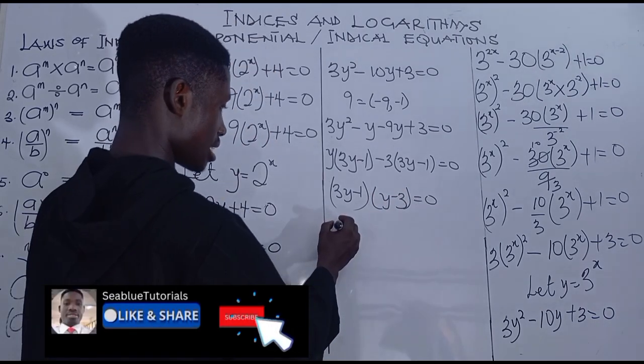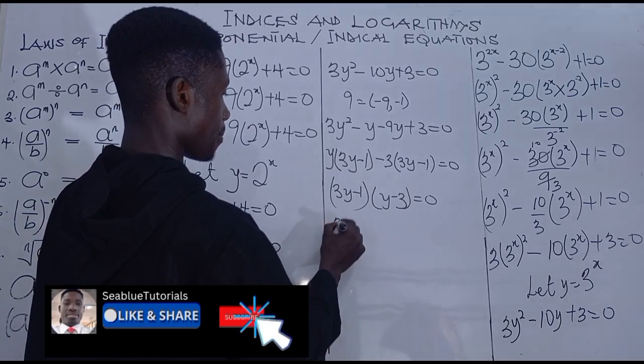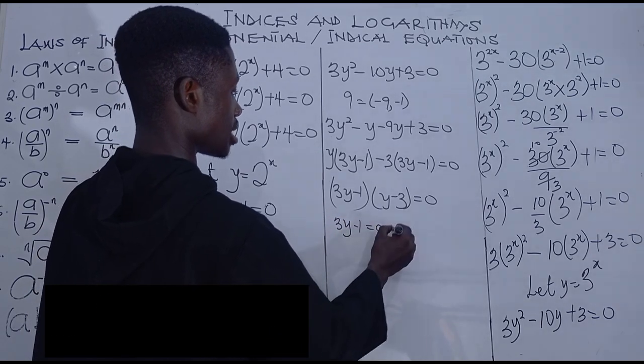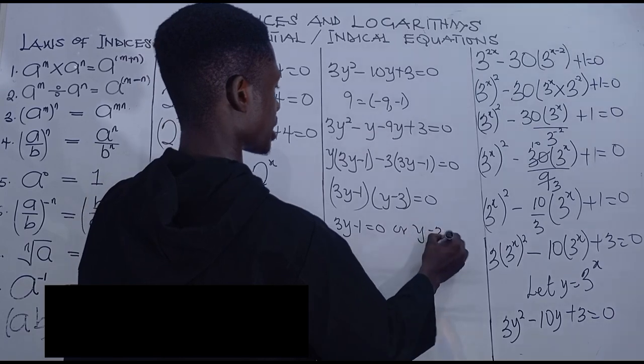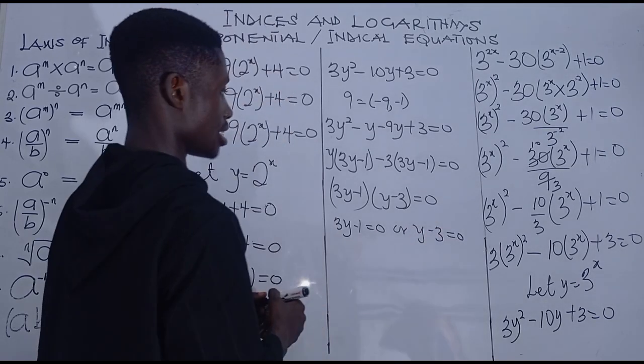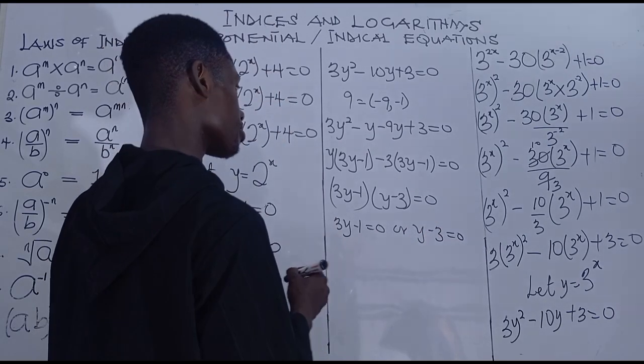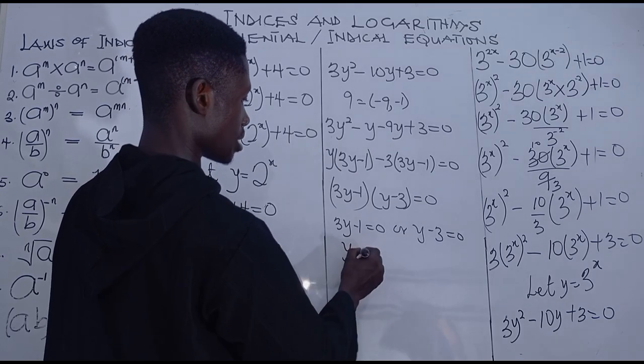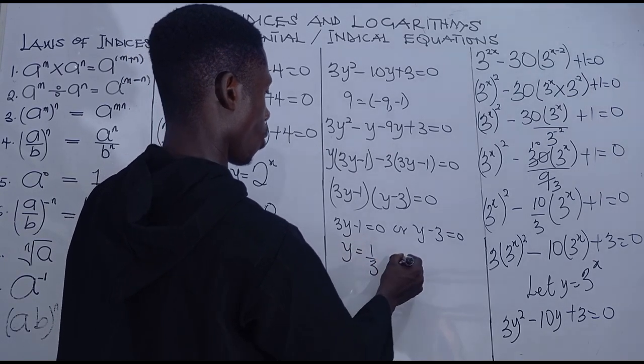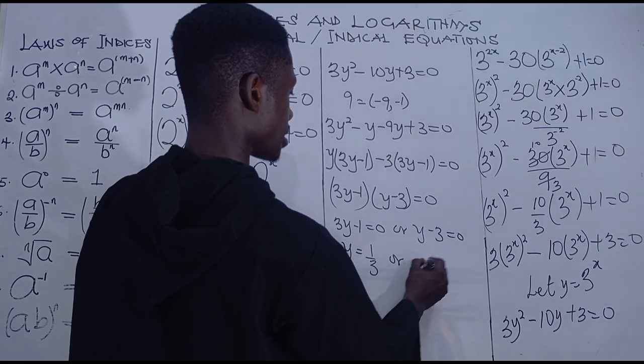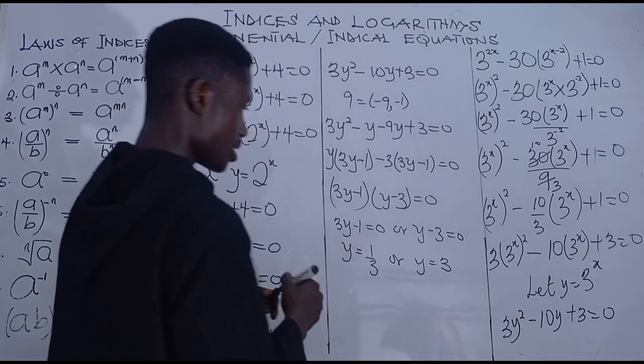So from here, you can say that 3y minus 1 is equal to 0, or y minus 3 is equal to 0. So we have y is equal to 1 over 3, or y is equal to positive 3.